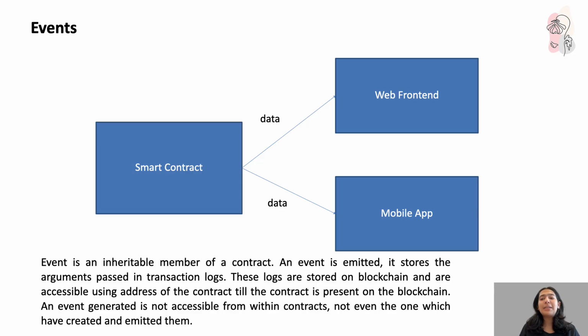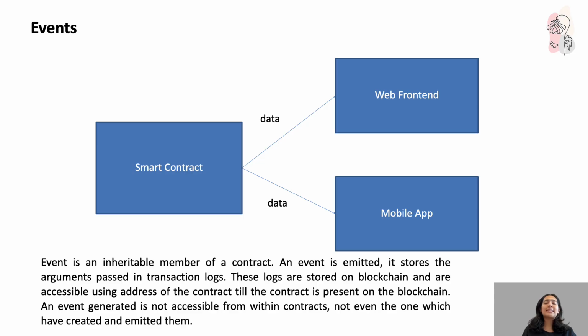Now, what does it mean when I say an event is emitted? You need to think of emit like a broadcast or, let's say, an announcement. Whenever your contract emits an event, it's basically saying, hey, something just happened here and here's the data about it. So write it in the chain. To emit an event means to trigger it and record its data permanently in the blockchain's transaction logs.